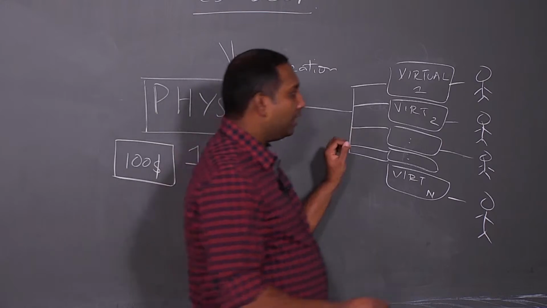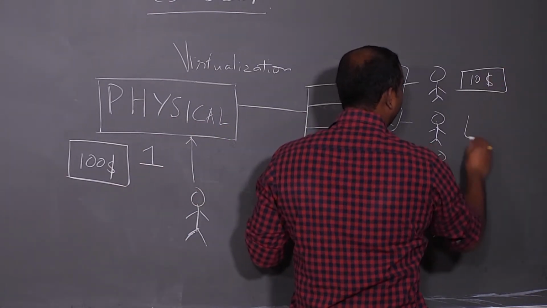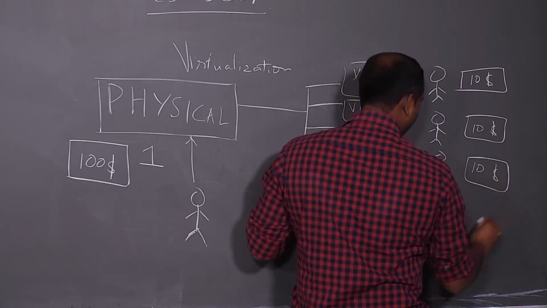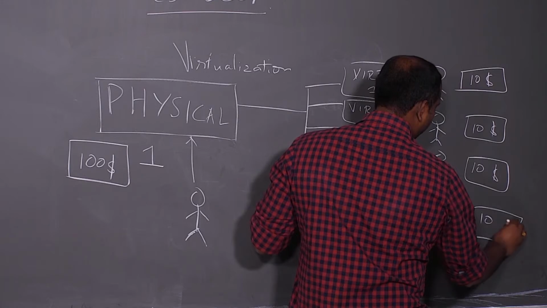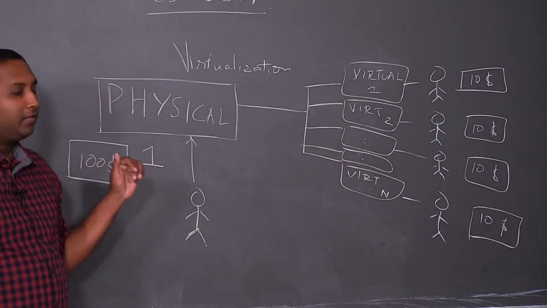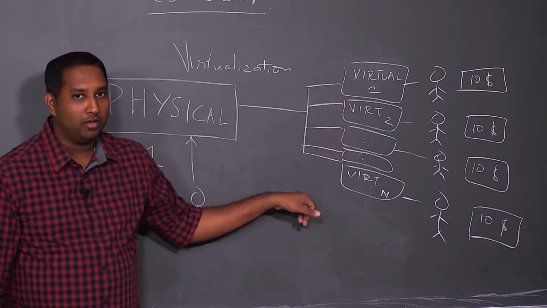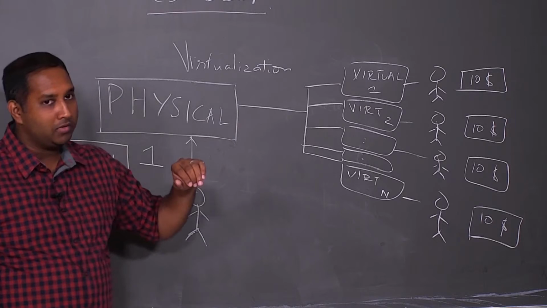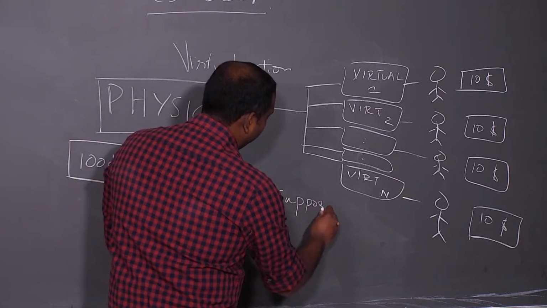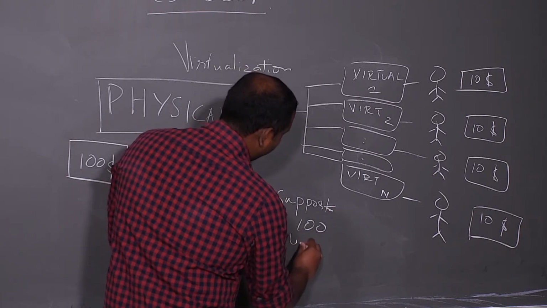Whereas in the virtual case, it could be that everyone pays, let's say, $10. Let's assume that everyone pays $10, and it turns out that if you do virtualization, you can actually support, let's say, 100 users.